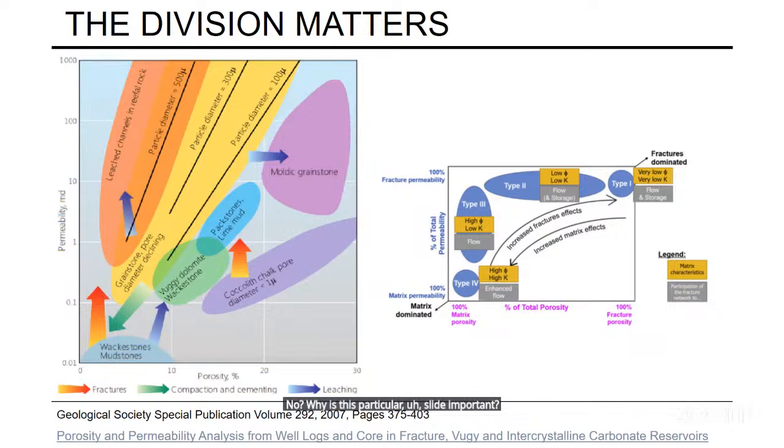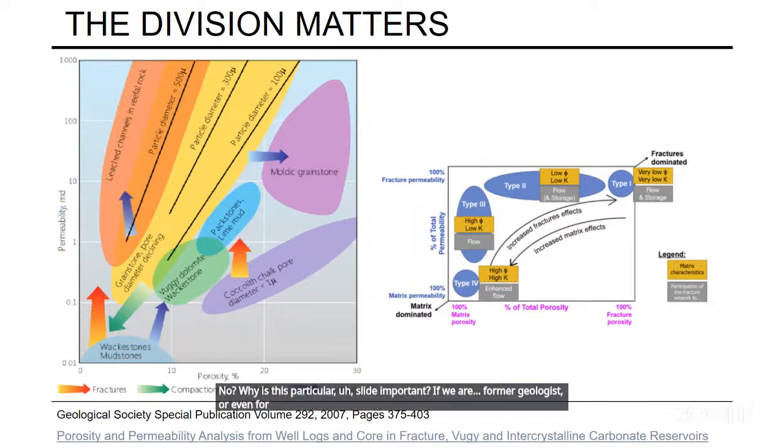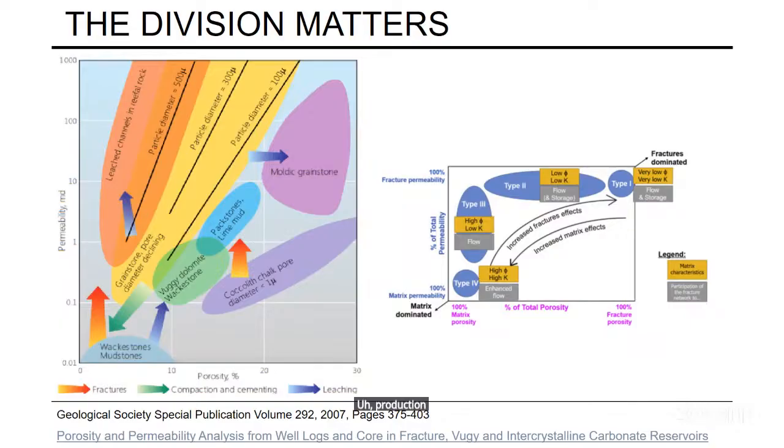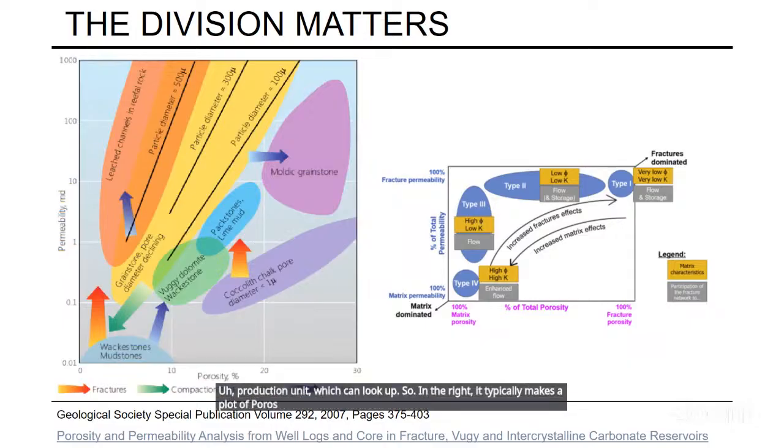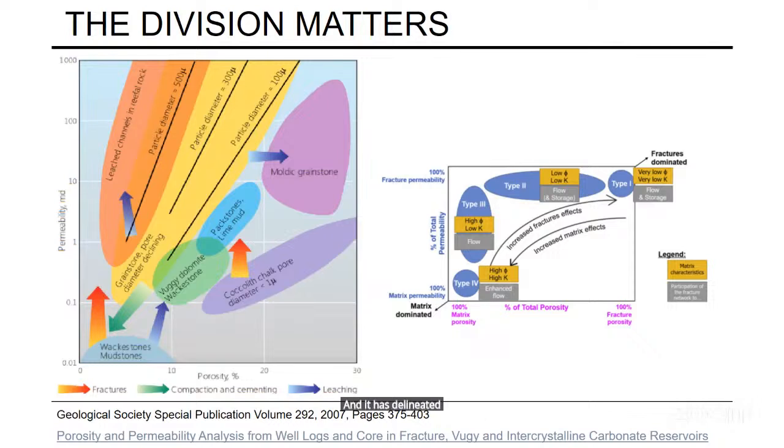From a geologist, geophysicist or geomodeler standpoint, we need to understand what kind of carbonate facies we are in, and depending on the type of carbonate facies, what kind of production unit we can look at. On the right, it is a plot of porosity with permeability, delineated into type 1, type 2, type 3, type 4.